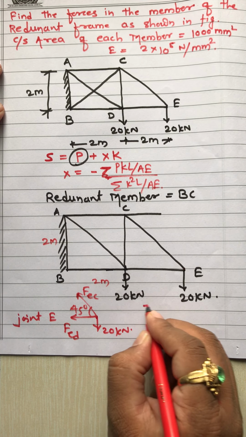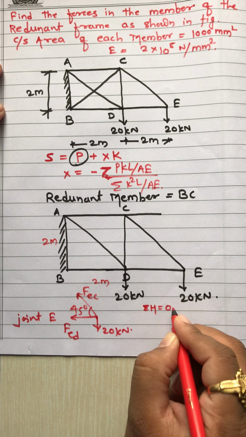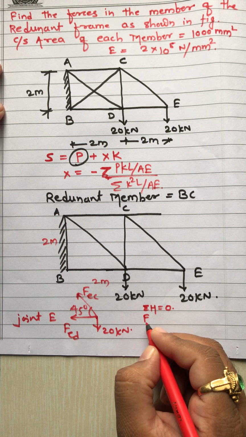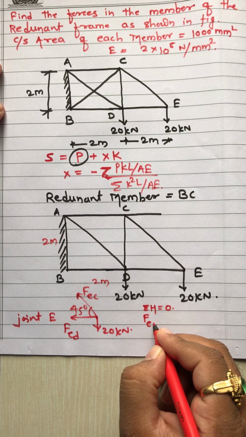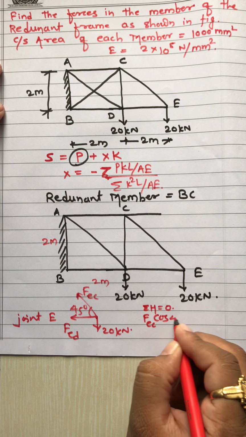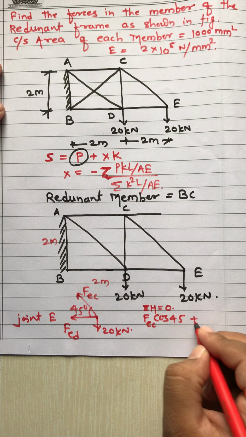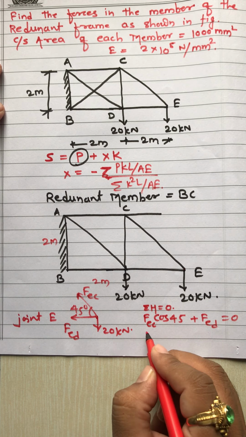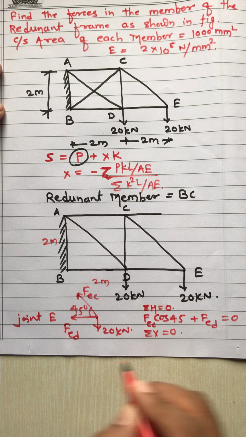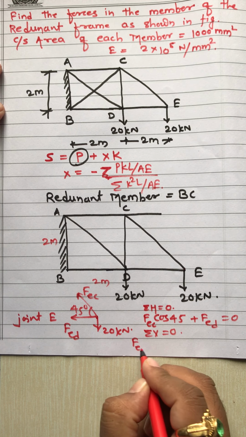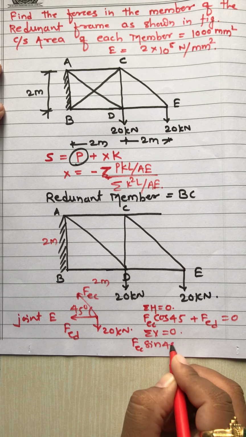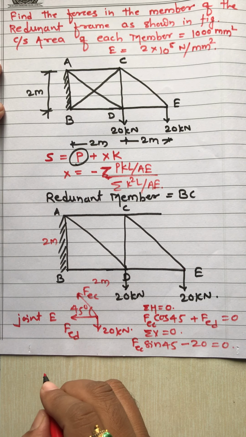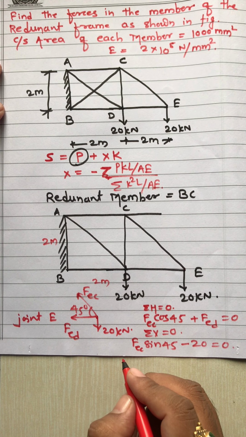So horizontally, summation of H equals 0: FEC cos 45 plus FED equals 0. Both are unknowns. Now summation of V equals 0: FEC sin 45 minus 20 equals 0. So we can calculate FEC.